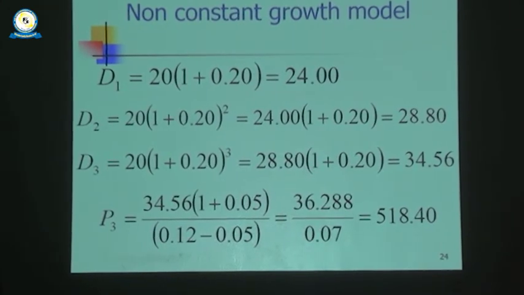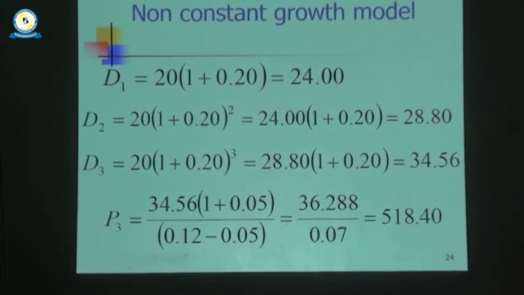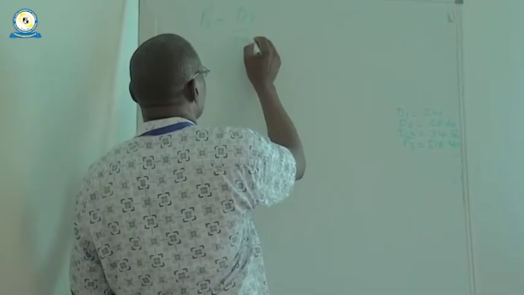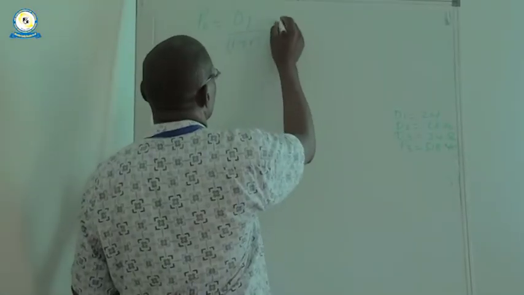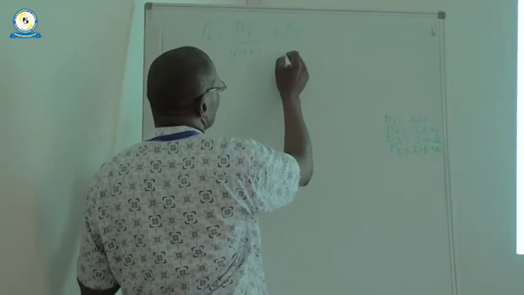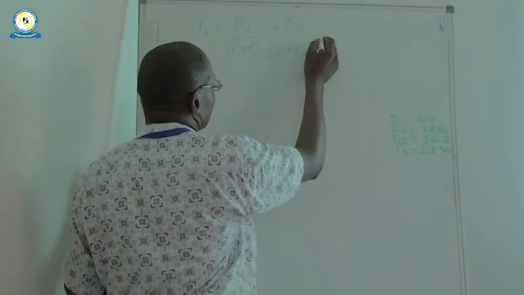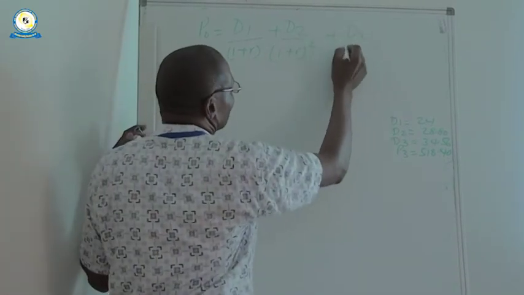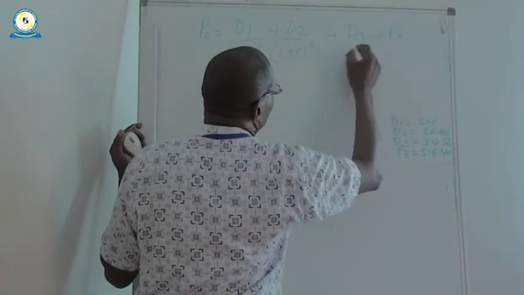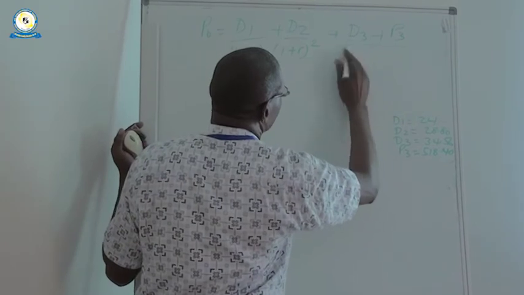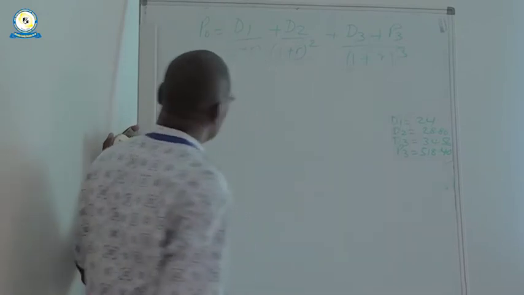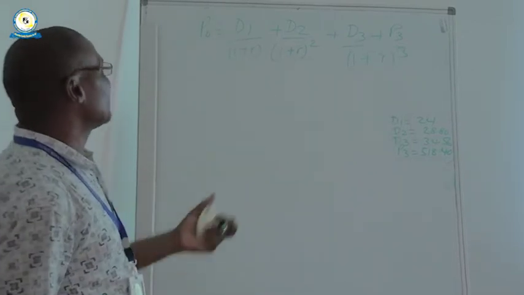Our formula for calculation of share says that P naught is equal to D1 over 1 plus R, plus D2 over 1 plus R squared, plus D3 plus P3 over 1 plus R power 3. We have each value here now.